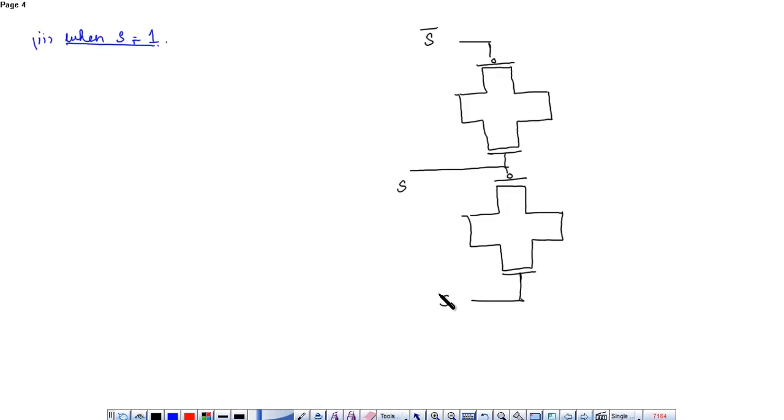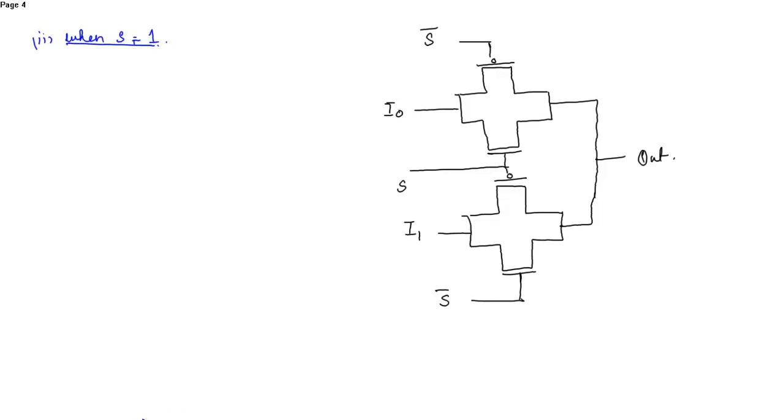Here it's S bar. This is I0 and this is I1. Output out. So now this is P1, N1, P2, N2.